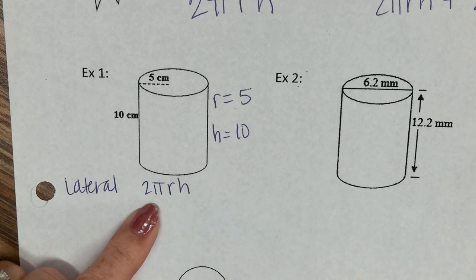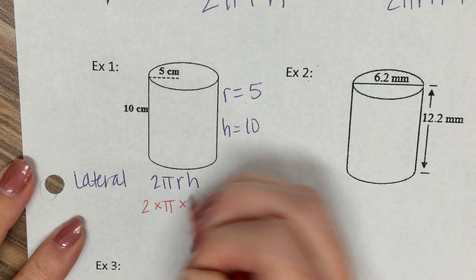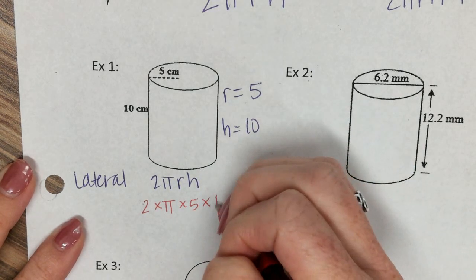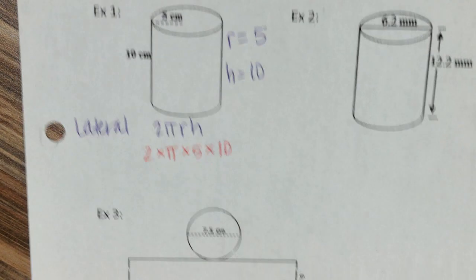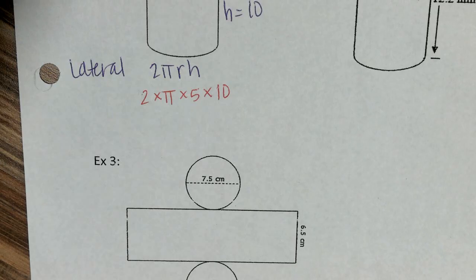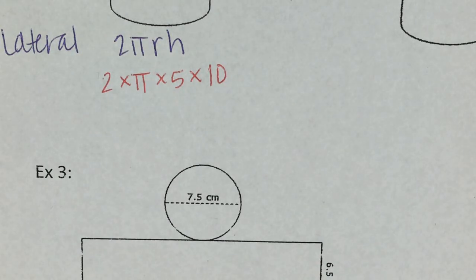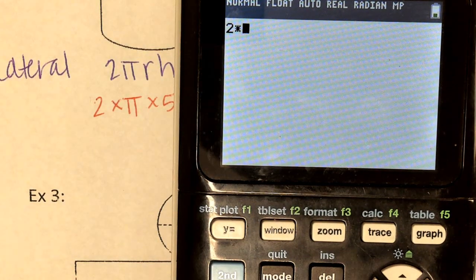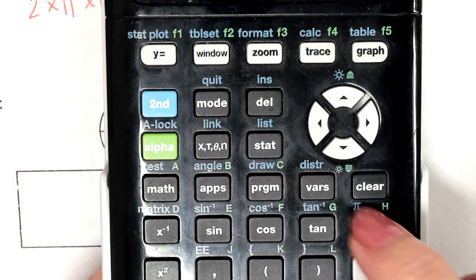So you're going to do, everybody look, 2 times pi times what's my r, 5, times what's my h, 10, and let the calculator do all of the work for you. Do y'all remember where the pi button is? We're going to do 2 times, and the pi button, you have to hit second, and then it's right here above the caret.